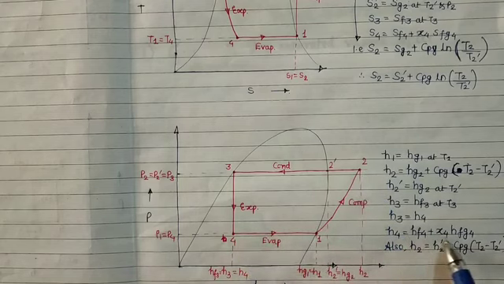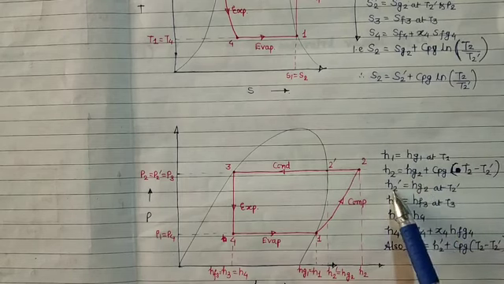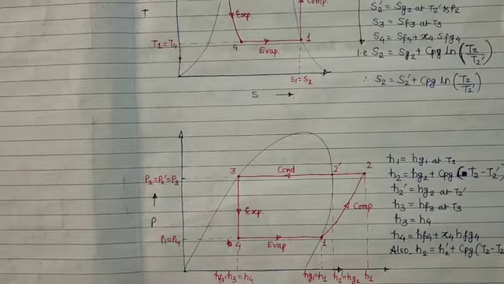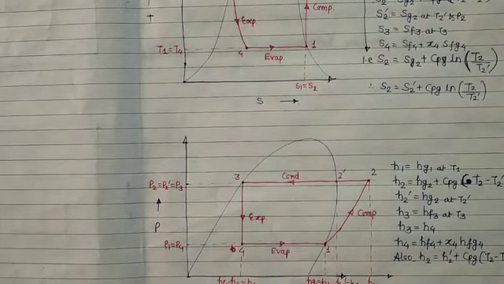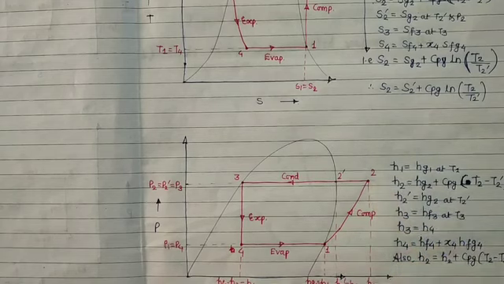That's why we have used this formula only for calculation of H4. H2 can be rewritten as H2 dash plus Cpg into T2 minus T2 dash, because Hg2 is nothing but H2 dash. So this is all about the theoretical vapor compression cycle with superheated vapor after compression.